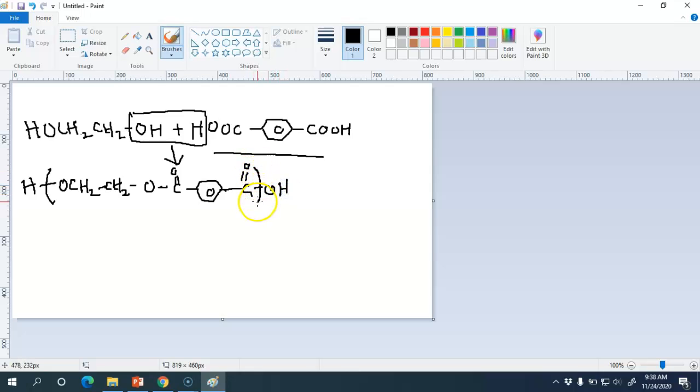So close the bracket here with the n, plus the water. Actually the water here has 2n minus 1 in brackets. It is okay if you miss writing the 2n minus 1. So this one is the example of polyester reaction.